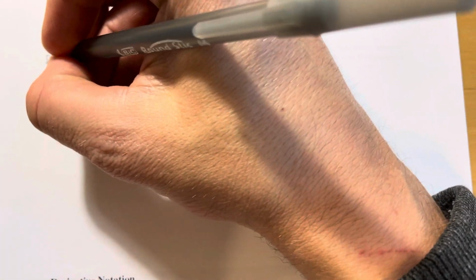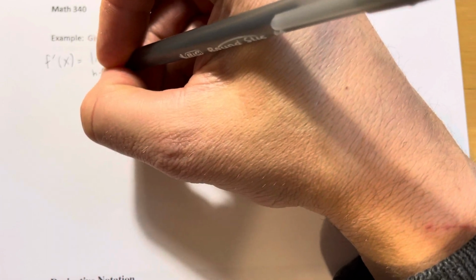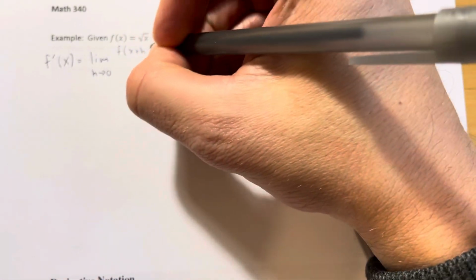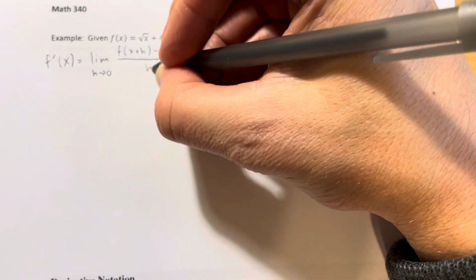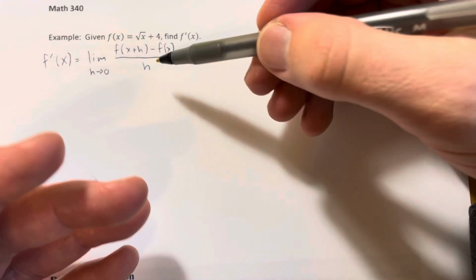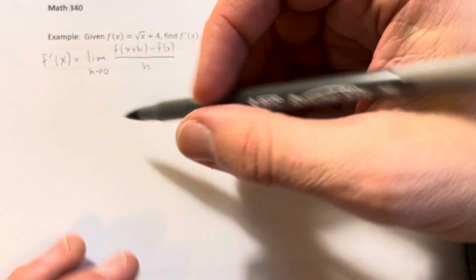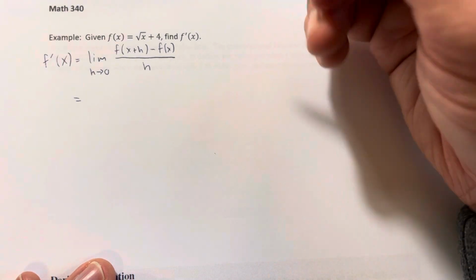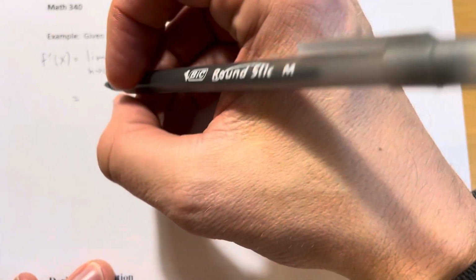So I want to find f prime of x, which is equal to the limit as h approaches 0 of, again, f of x plus h minus f of x all over h. Now you can look at this and you can think, do you really need to rewrite the definition every single time, or can I just jump to the next step? And technically you can. I like to do this because it helps ingrain it in my memory, so I remember exactly what's going on.